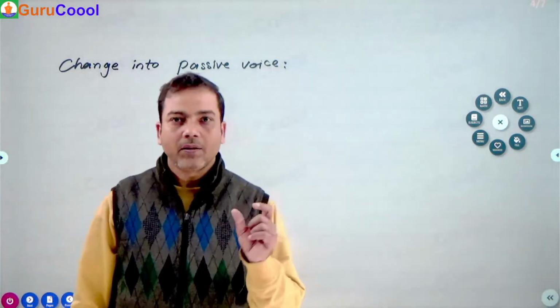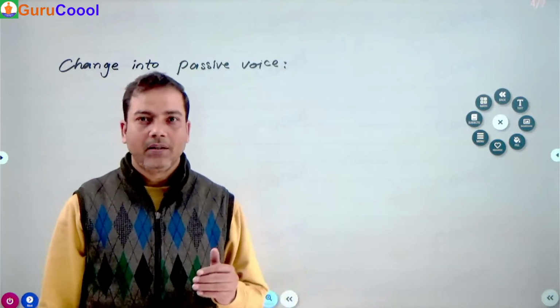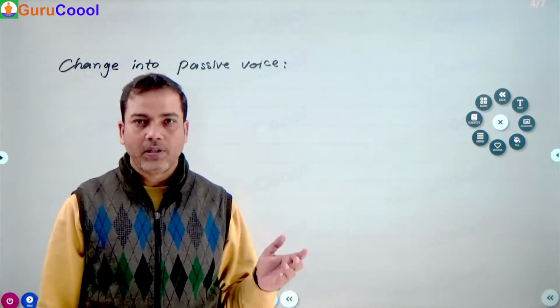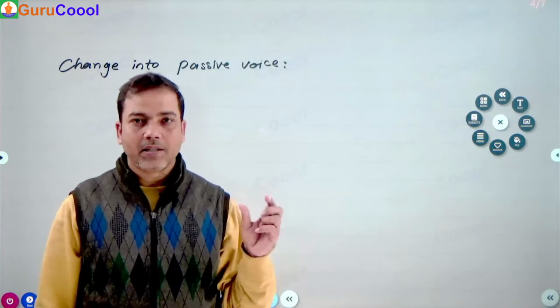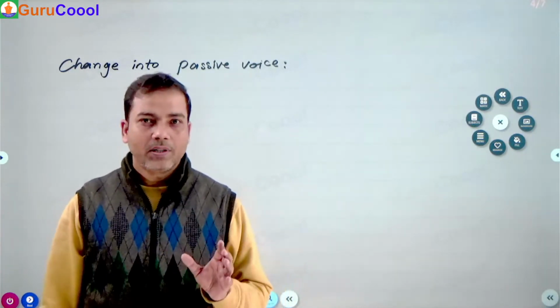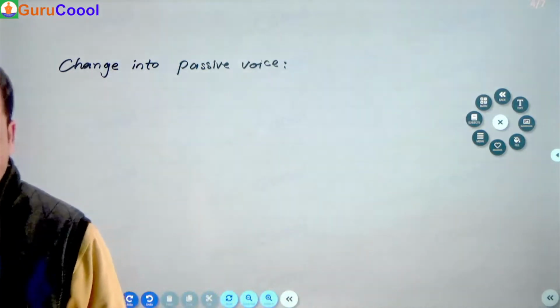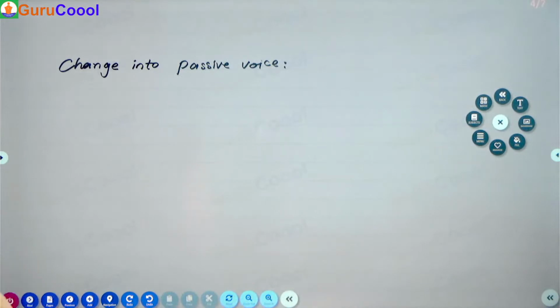Yesterday I sent homework also in the class notes. I sent, I guess, 13 to 15 sentences, and you needed to change them all into passive voice. Did you all try with them? You might have tried, and if you have any problem with any of them, you can let me know.